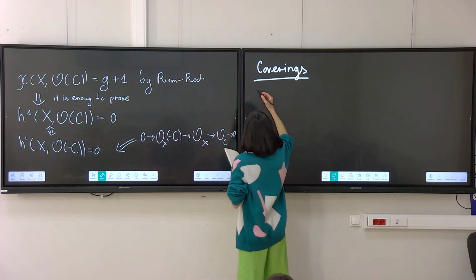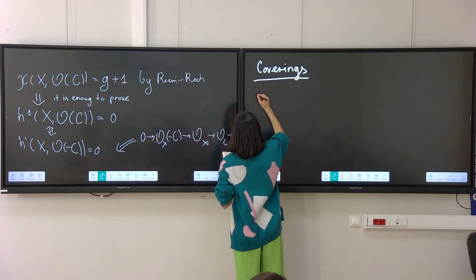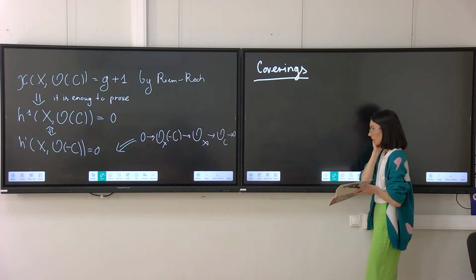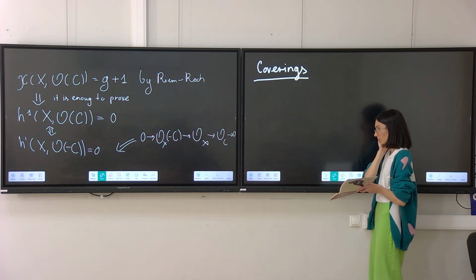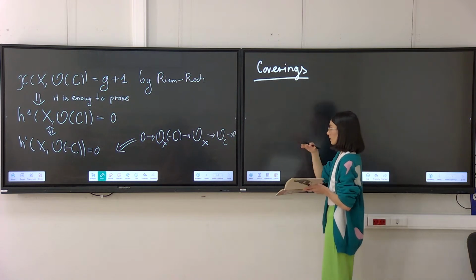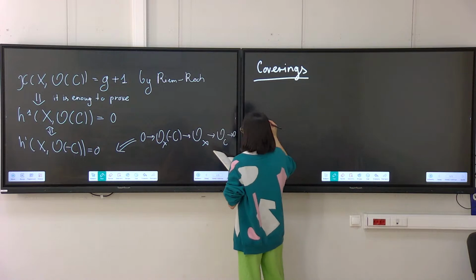Coverings. Okay, so first, what is this? Last time, when I gave you the algebraic picture, I gave a definition of a cyclic cover. And what is a cover in a more general sense?